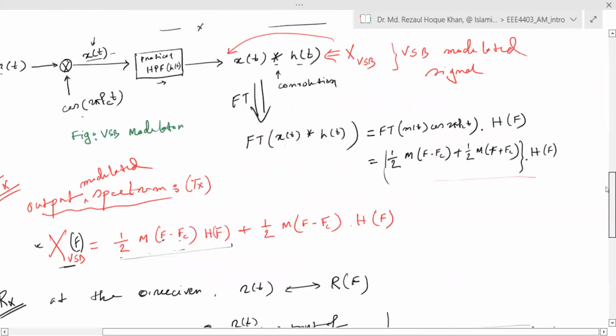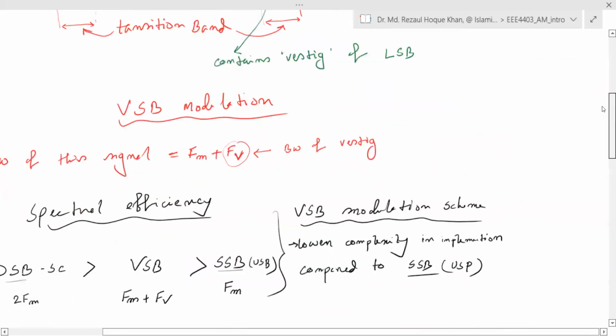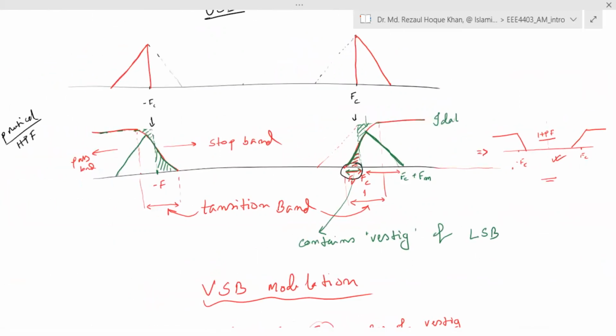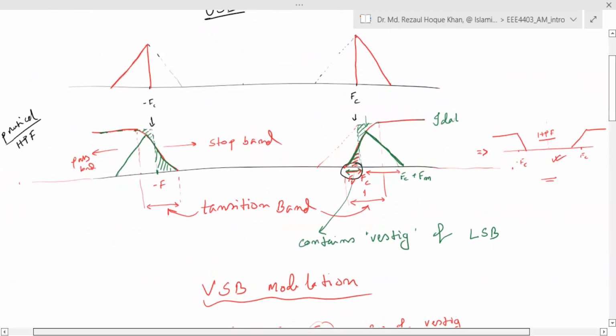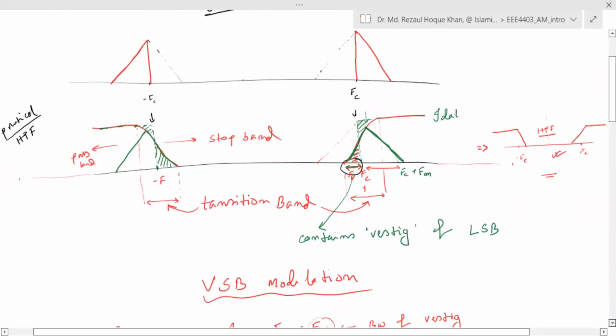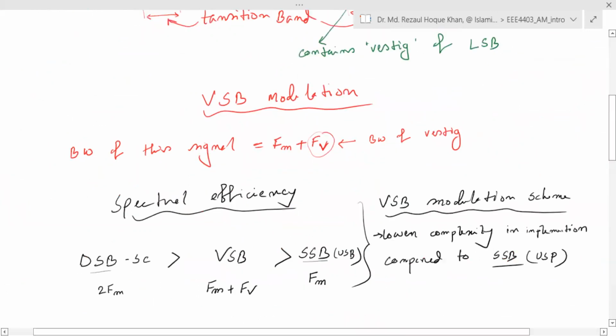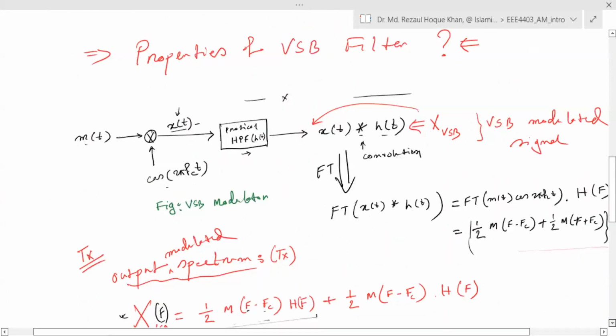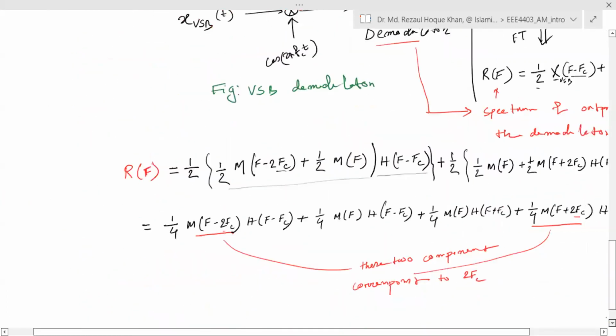If we see in spectrum, this is actually our fc, so it will be somewhere here, like higher frequency twice fc, and also in this region minus twice fc. So they are actually too far, and that portion can be filtered out. Okay, this can be eliminated by a low pass filter.